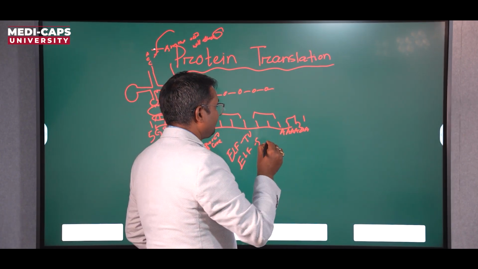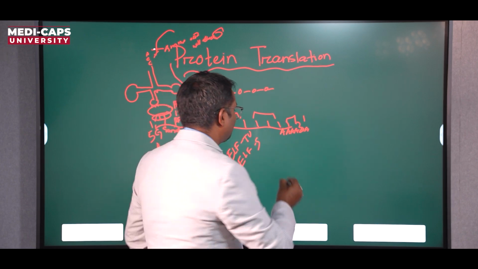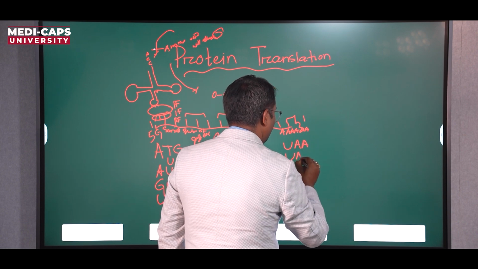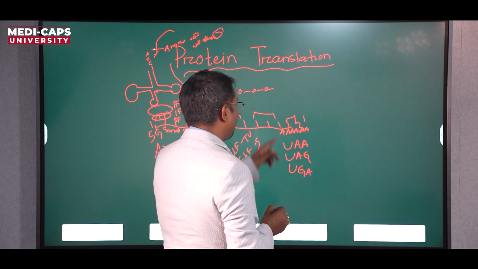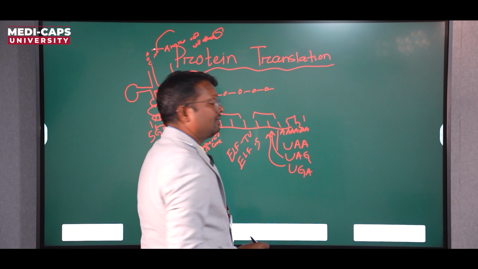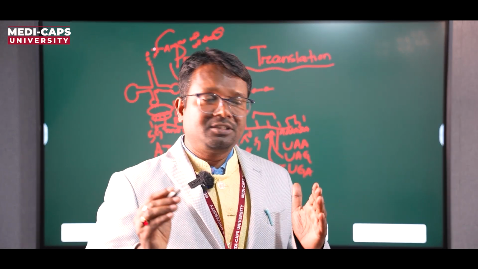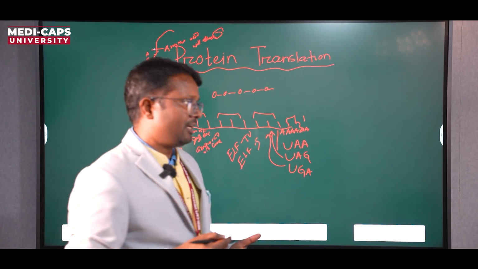If the translation system finds the presence of stop codons like UAA, UAG or UGA, if any of the codons is there, there will be stoppage of the protein synthesis event, or you can say the protein synthesis event will stop there.